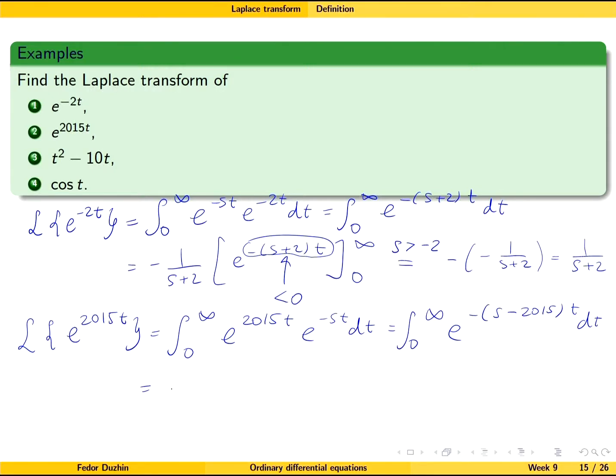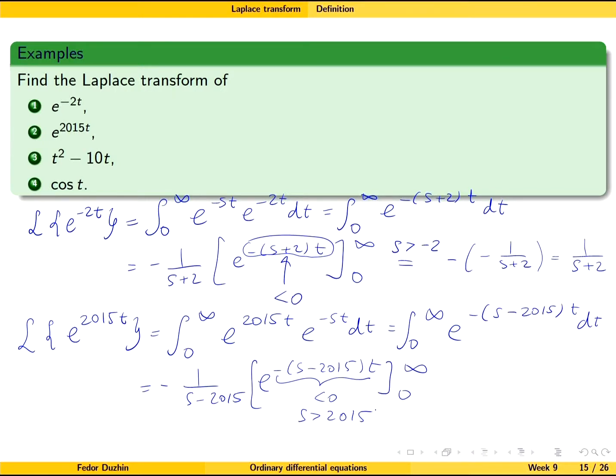And again, this is minus 1 over s minus 2015 times e to the minus (s minus 2015)t, and I should take the change from 0 to infinity. But in order for this change to be defined, this whole exponent has to be negative, so s has to be bigger than 2015.